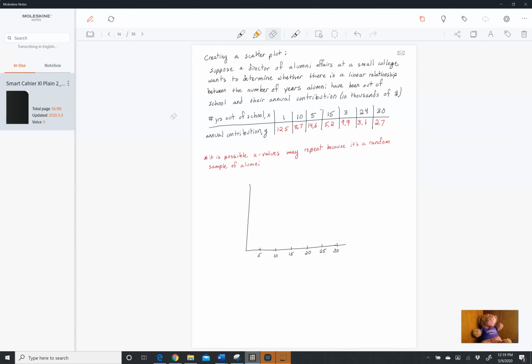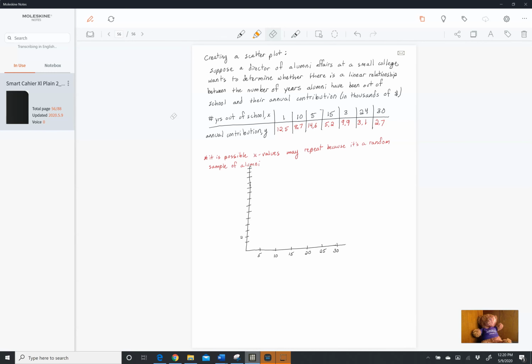Okay, our Y's go up to 14.6. Let's go up by 1s here, okay? Hopefully I left enough room. I think that's enough room.